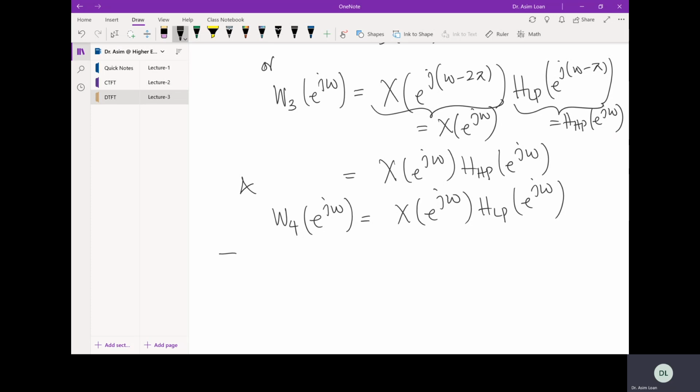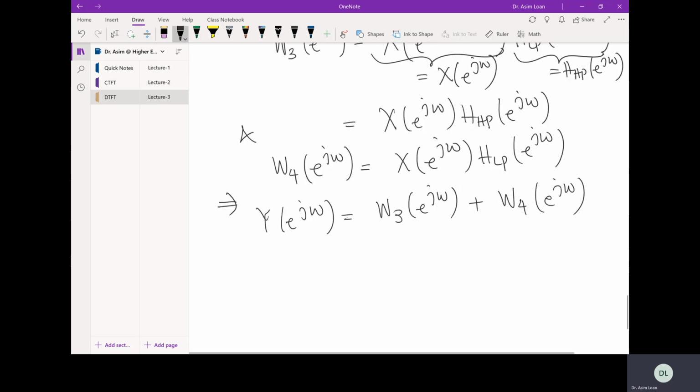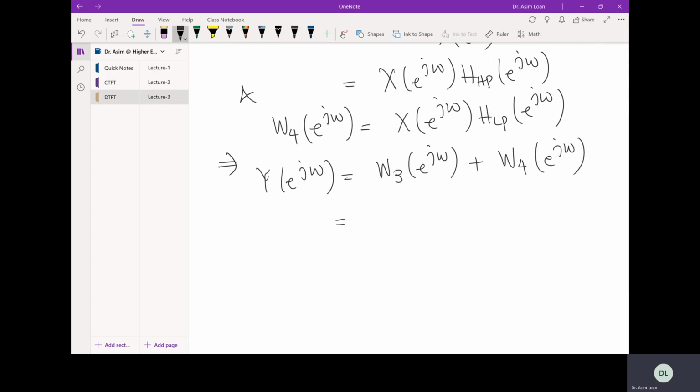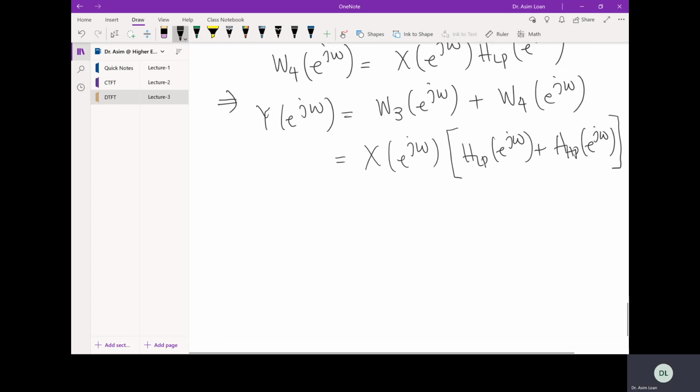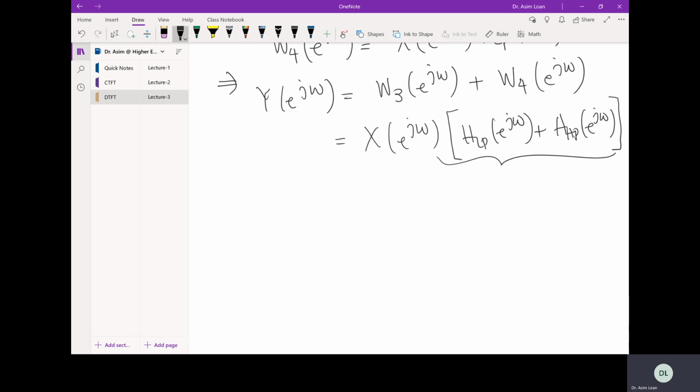This implies Y of e^{j omega}, which is equal to W3 plus W4, is simply X of e^{j omega} into H low pass plus H high pass. And what is H low pass plus H high pass? Let's call this simply H of e^{j omega}.